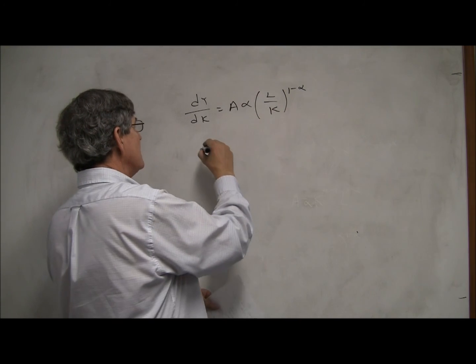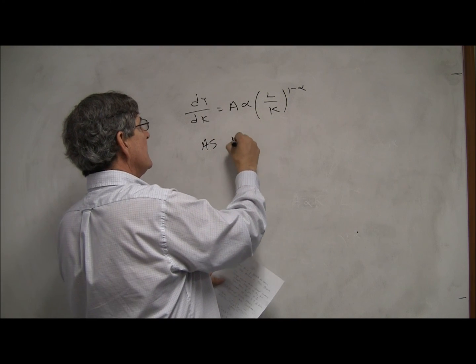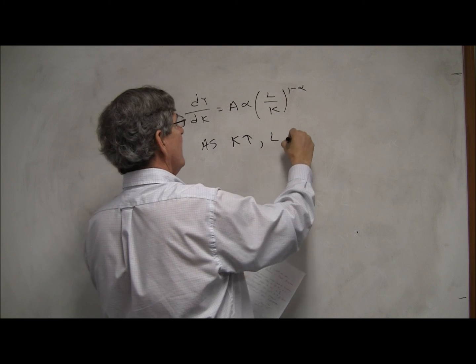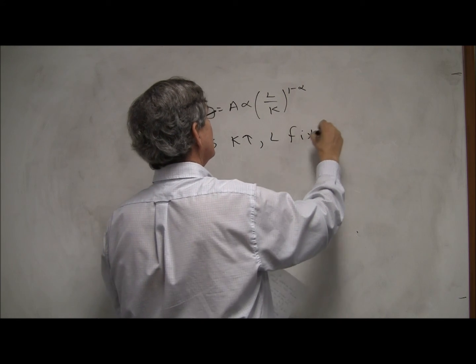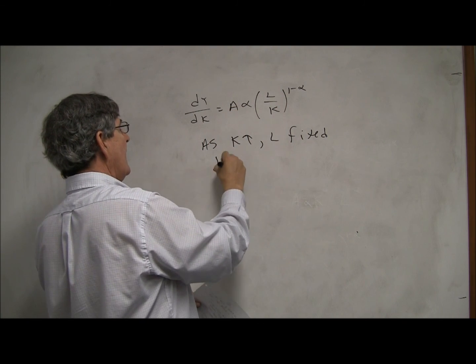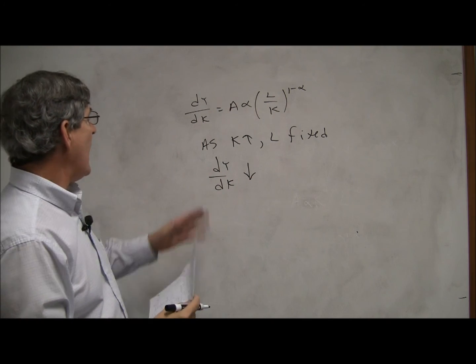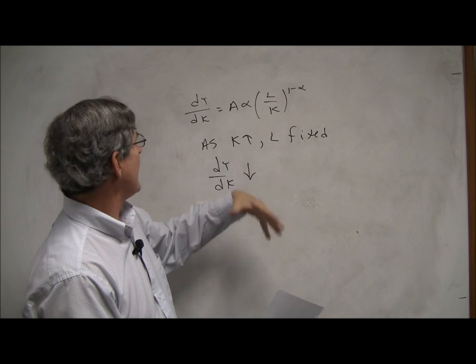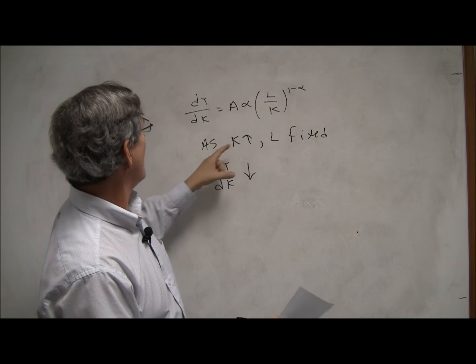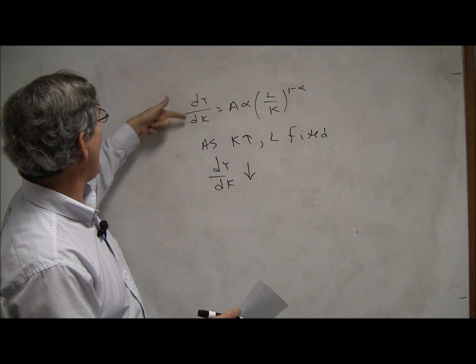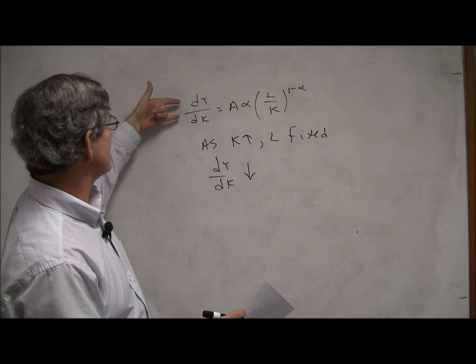So what this shows is as k goes up with L fixed, dy dk goes down. As we keep increasing capital, this number gets smaller and smaller. So the change in output that we get is smaller and smaller.